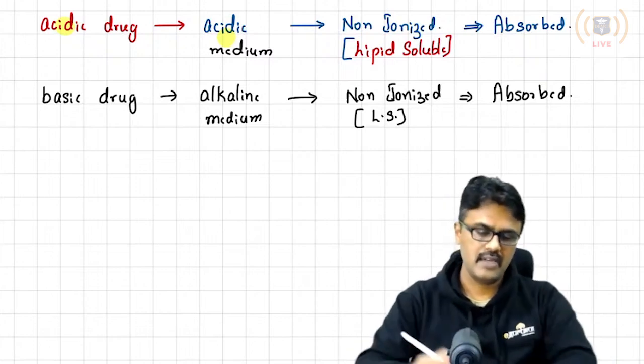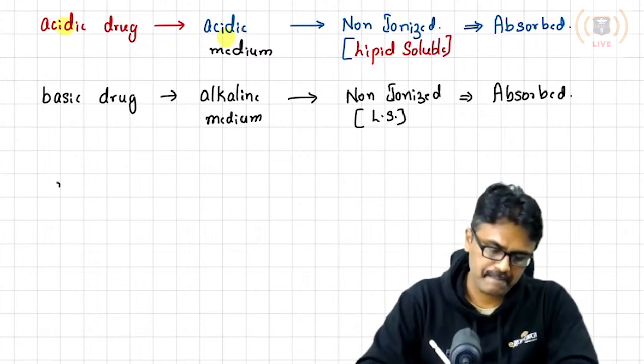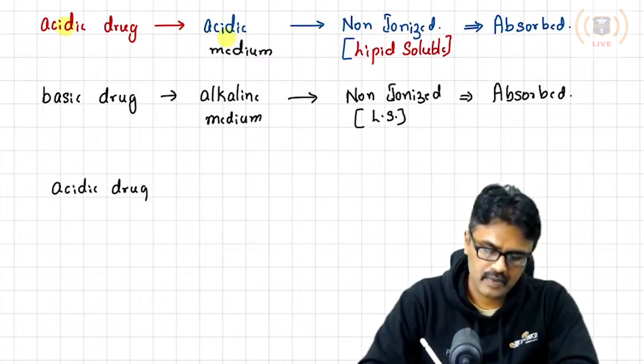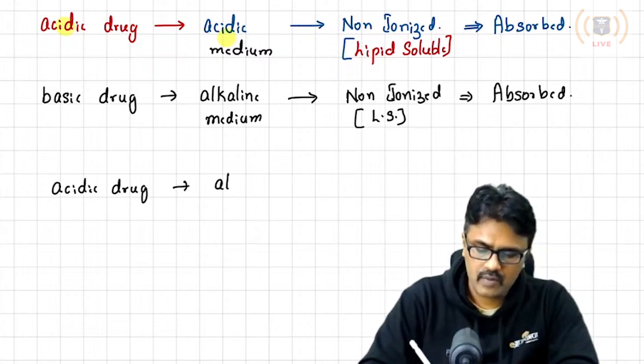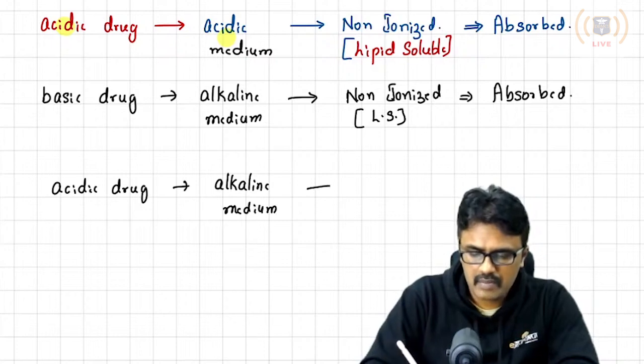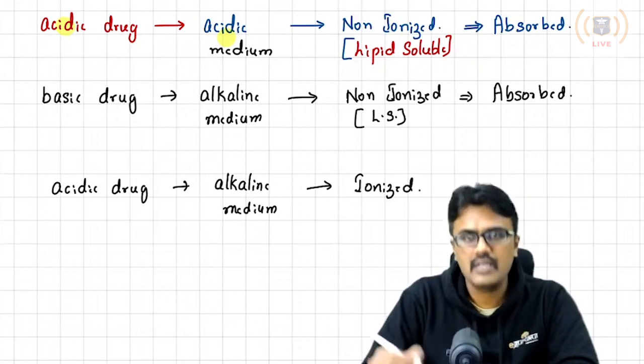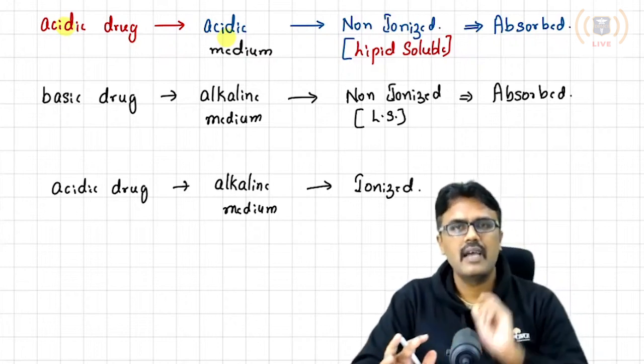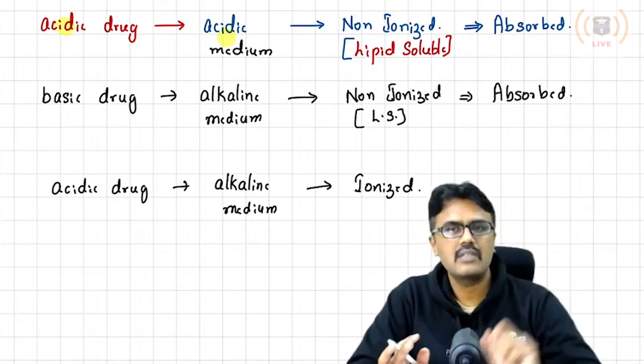Suppose I place an acidic drug in alkaline medium, what happens now? The drug will be ionized. Now what do you mean by ionized? That is, the drug is charged. A compound which is charged cannot cross the membrane.